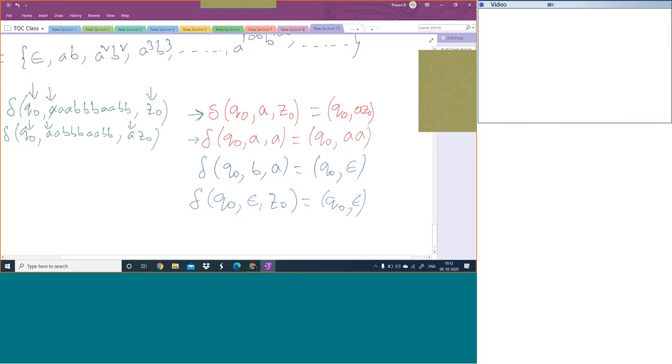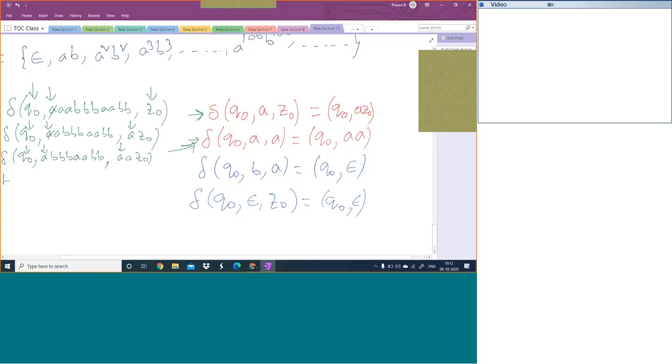Same state. Here it has scanned A, so the remaining input will be A, triple B, double A, double B, and this A will be pushed into the stack as per this move. Next, again Q0, A comma A matches this move.